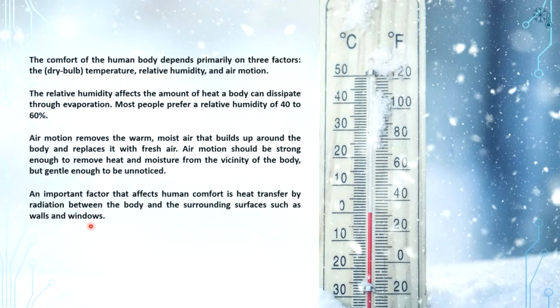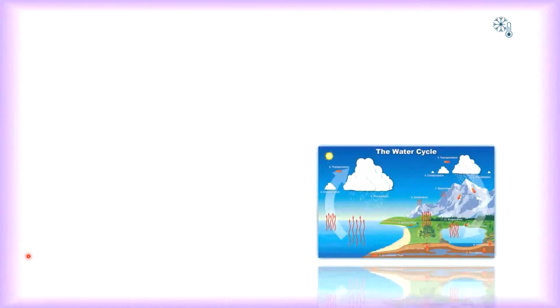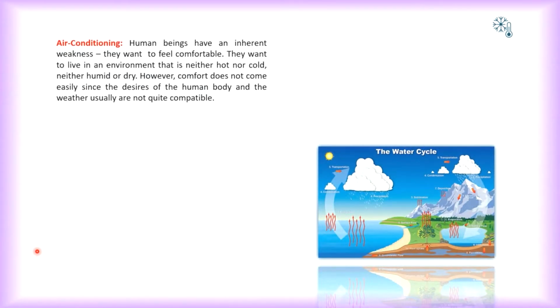Whether more windows are better or not, we have to analyze later on. Other factors that affect comfort are air cleanliness, odor, and noise. So that is basically what air conditioning is.